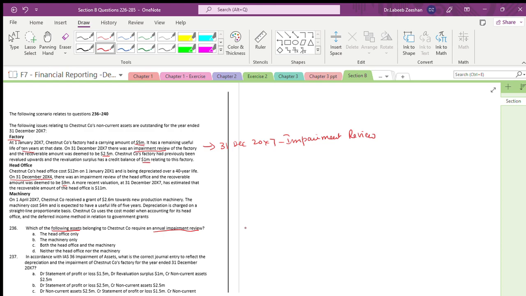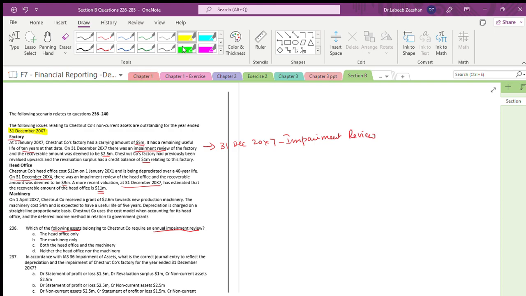A more recent valuation has been estimated. What is the recoverable amount going to be? Is it right? The head office, when have they done the impairment review? See what they are asking us. Very clearly, they are asking us about the non-current assets as on 31st December 2007.